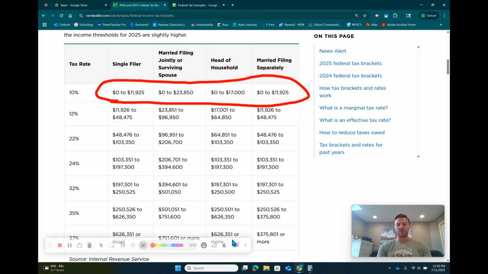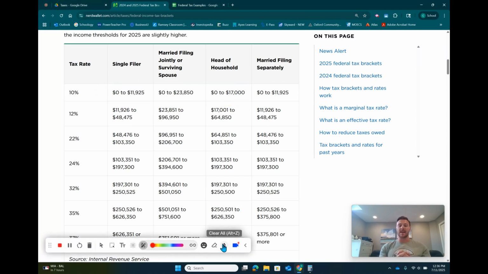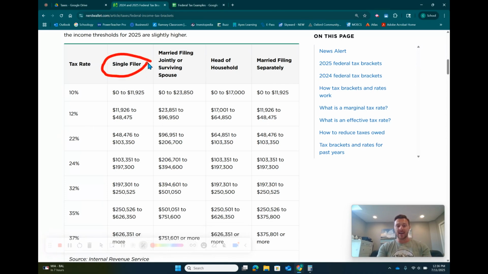I'm going to try to explain this best I can. We'll do a case study on it. Everybody pays the same amount of tax on the way up. It doesn't matter how rich or poor you are. For example, if you are a single filer, you are going to pay 10% tax on the first $11,925 of money that you earn.